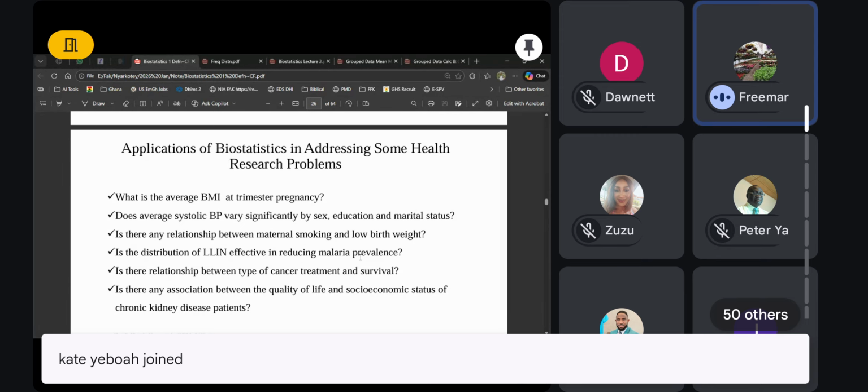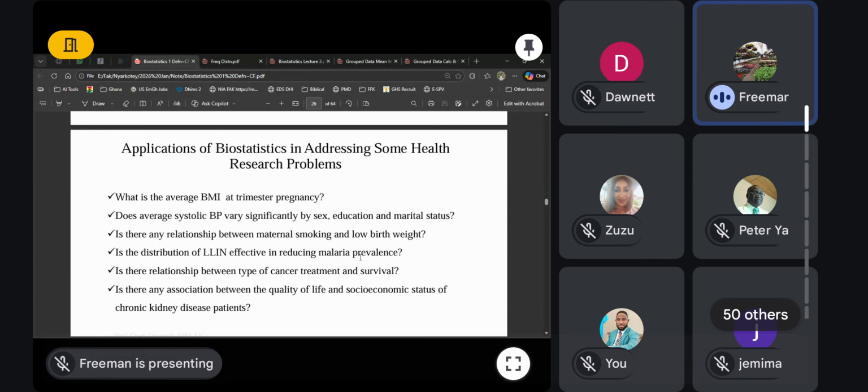Depending on the type that is used, what is the survival expectation? I mean, what is the probability of surviving depending on the type of cancer treatment that is given the patient? Biostat can help you do that.